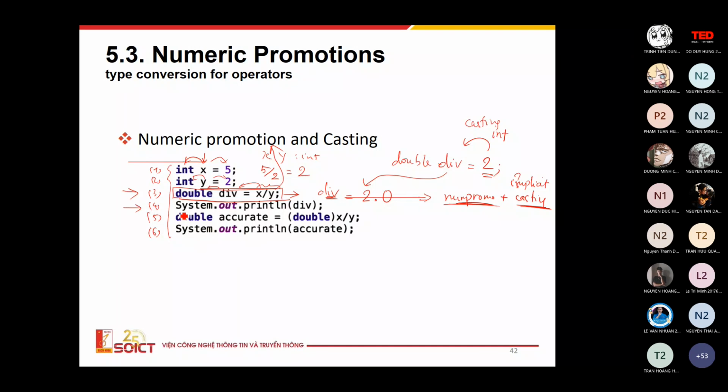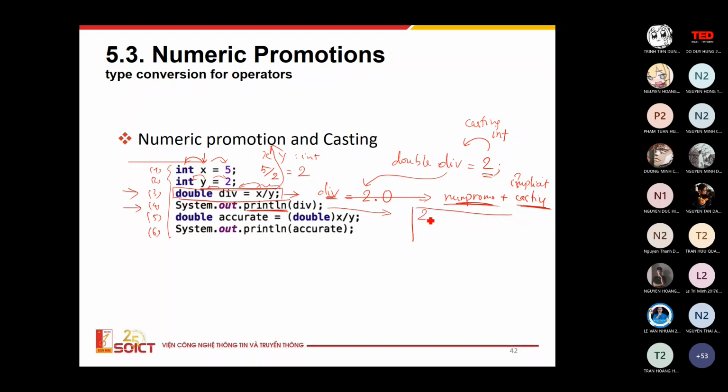Okay. So in the fourth line, what do you have? Print out, what is the output you get? We print the result to the screen. The first line, you print to the screen.